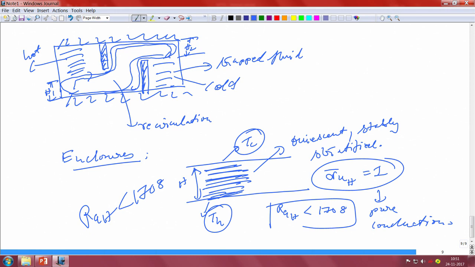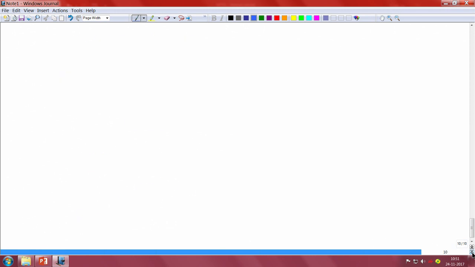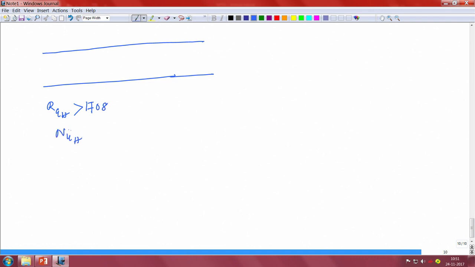Okay. So, as and when we increase the Rayleigh number, we take the same configuration. Now the Rayleigh number is greater than 1708 and the Nusselt number is actually now greater than 1 because we are no longer in the conduction limit. Okay. So, this is heated, this is Th, this is T cold.